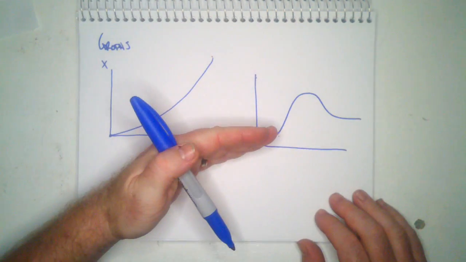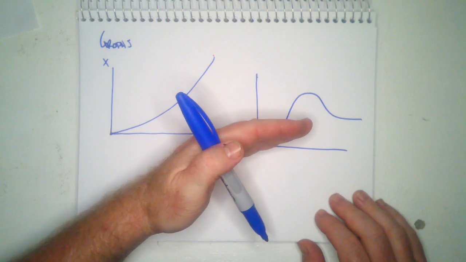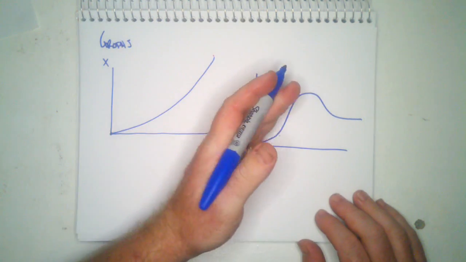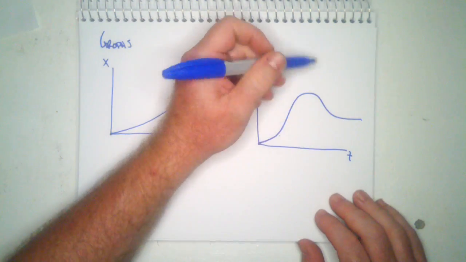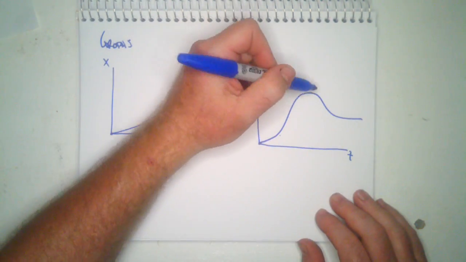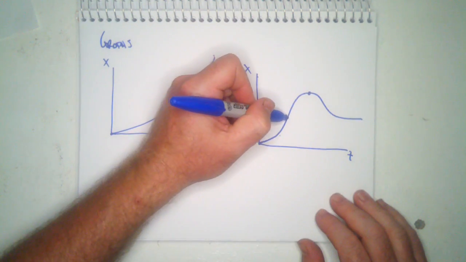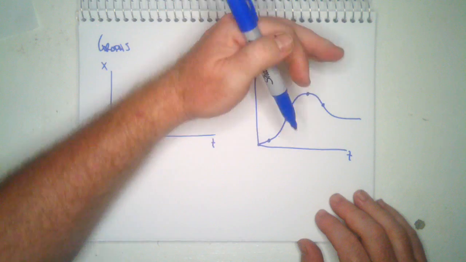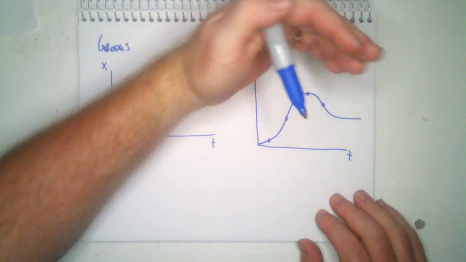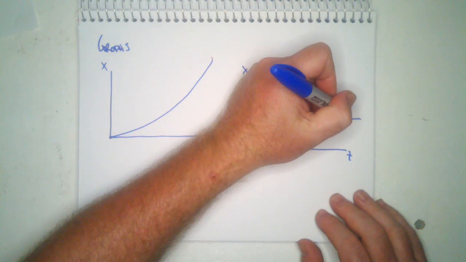Here we see the velocity is increasing slowly. Here, it's going very fast. And here, it's flat. And here, you can see the line is going down this way. So think about that slope.